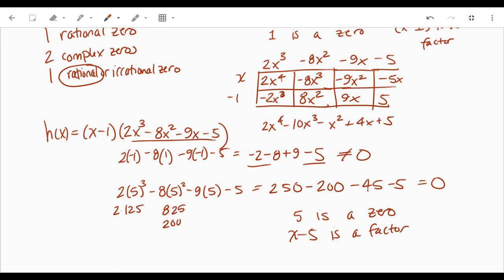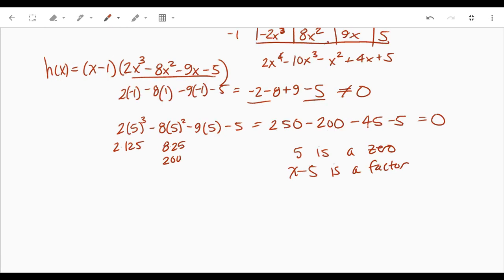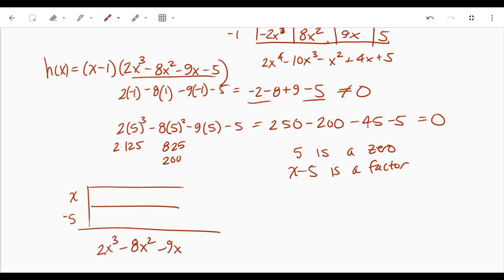Okay, so now I can divide further by x minus 5. Okay, so I'm going to scroll down here. And I'm going to do x minus 5 with a goal of 2x cubed minus 8x squared minus 9x minus 5. So 2x cubed would be a 2x squared here. Negative 10x squared. Okay, so then I need a 2x squared.